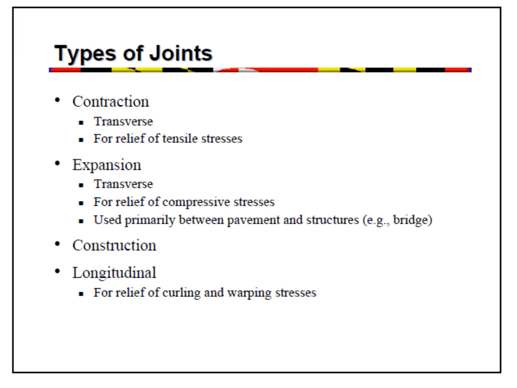This type of joint can be further broken down into transverse and longitudinal construction joints. Then comes the longitudinal joint, and the longitudinal joints are provided for relief of curling and warping stresses. Warping stresses mean the twisting stresses because of the twisting.